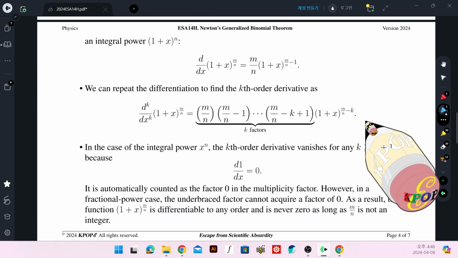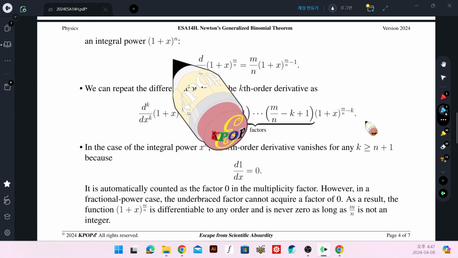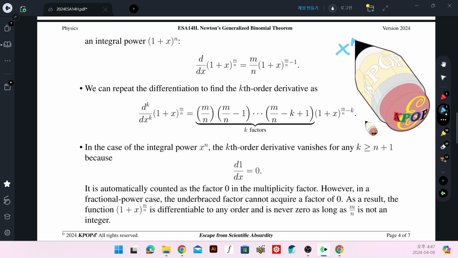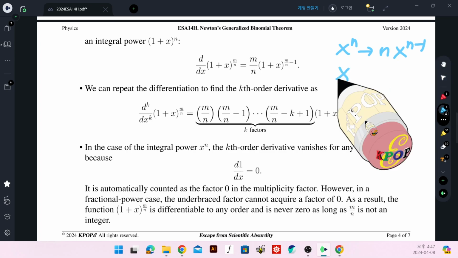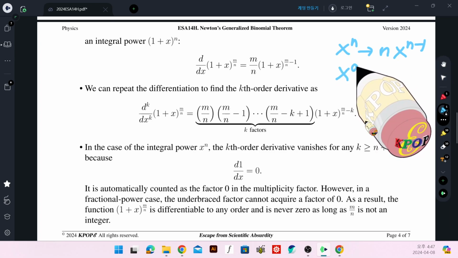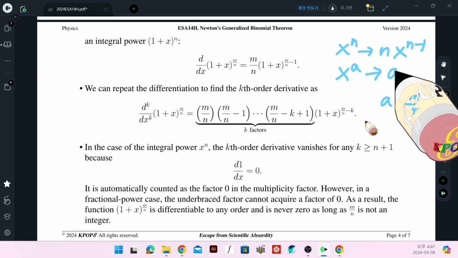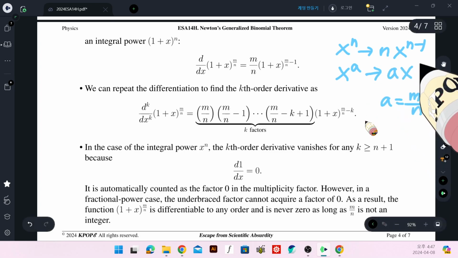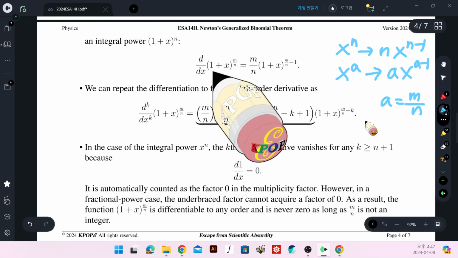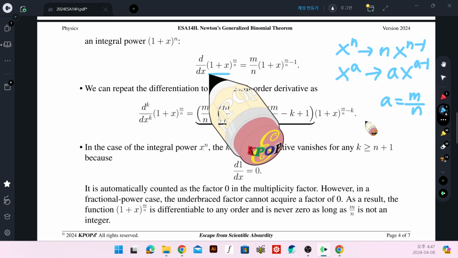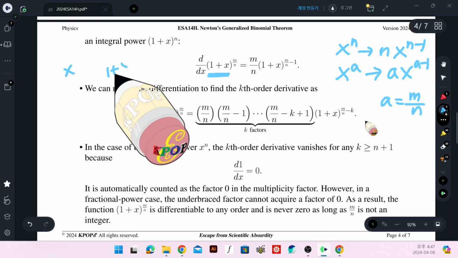We remember, for any integer, the derivative of this is this. For any rational number a equal to m over n, we have also proved that the derivative is something like that. A little bit different point in here is that it is not a function of x, but a function of 1 plus x.